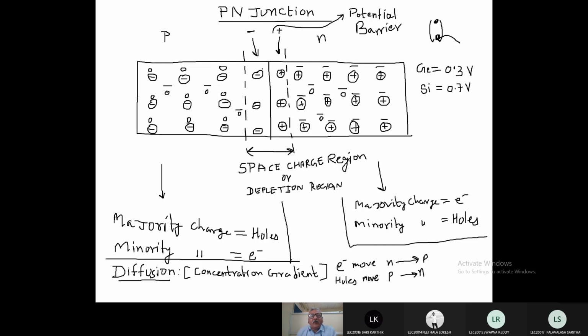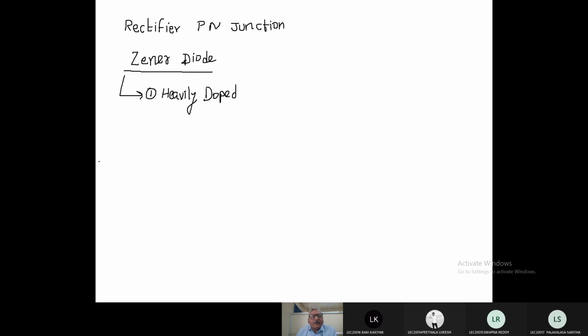Now, here you can see the doping is very high, so due to that high doping the recombination of electrons and holes will be very fast. In a very small region they will recombine, and the depletion region formed will be very small. Why is it like this? Due to the heavy doping of the P and N material. So the depletion region is small.